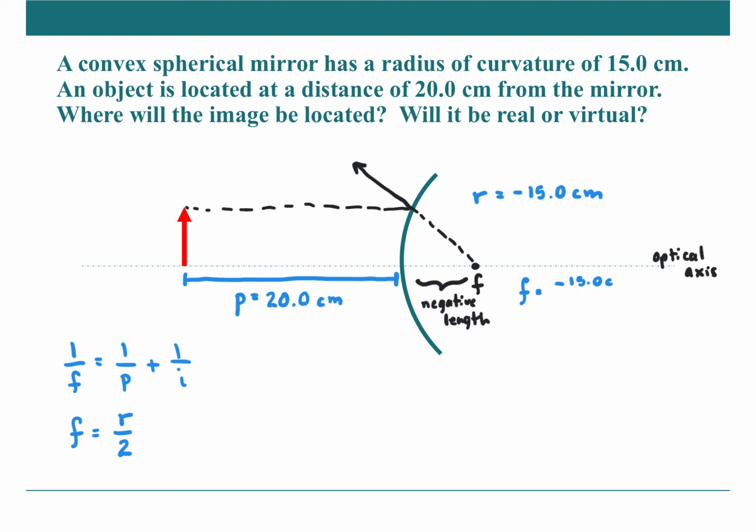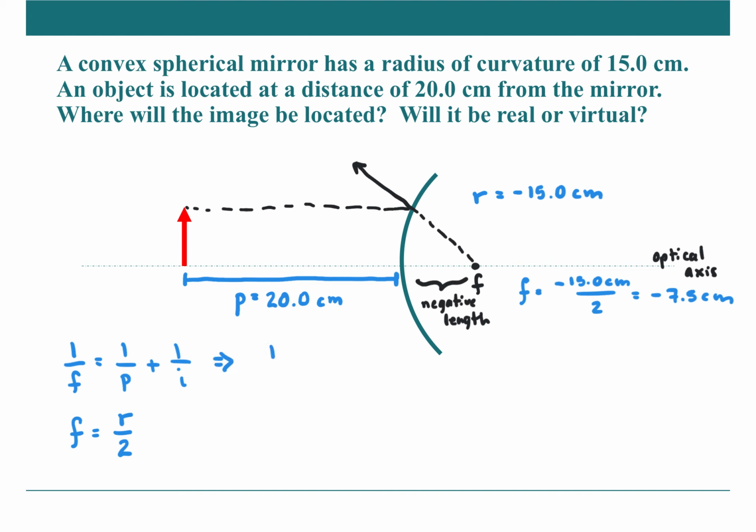Negative 15 centimeters divided by 2 is negative 7.5 centimeters. So now we know how far away from our mirror our focal point is on this side, the opposite side from our object. And so we can use that focal length in this equation, our mirror equation, to determine just how far from the mirror our image must be.